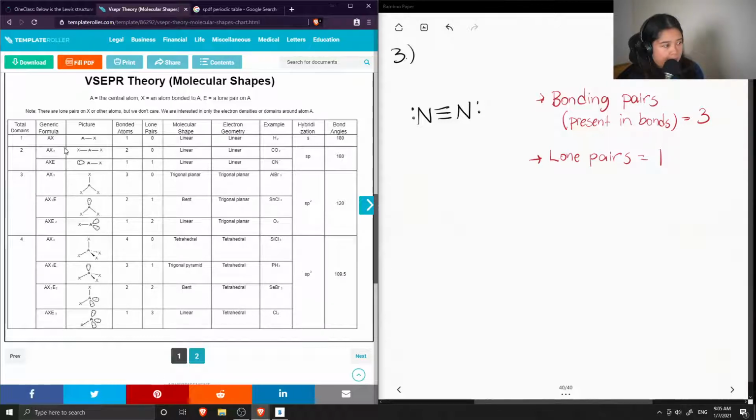It generally looks like the first row, where we have 1 bonded atom and 1 lone pair. So this gives us a linear molecular shape and also a linear electron geometry. And we can also kind of see that in the Lewis structure as well. And we can see its hybridization is sp hybridized.